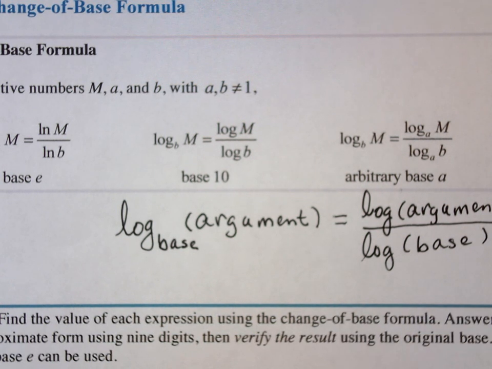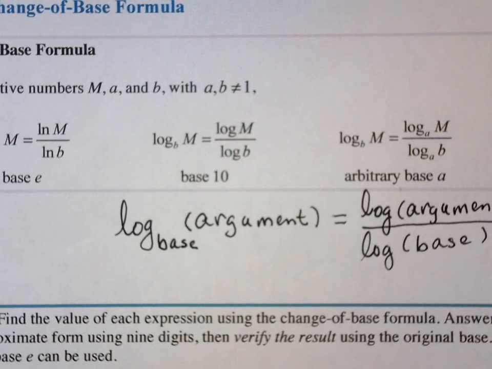So log of the argument divided by the log of the base, and that I have on my calculator. I could do natural log of the argument divided by natural log of the base. The logs have to be the same.